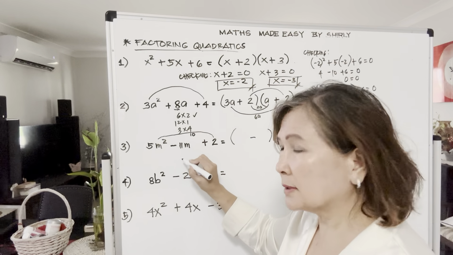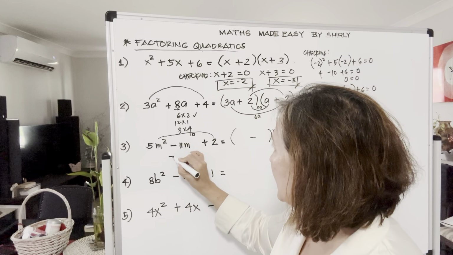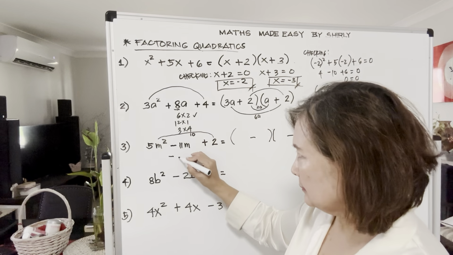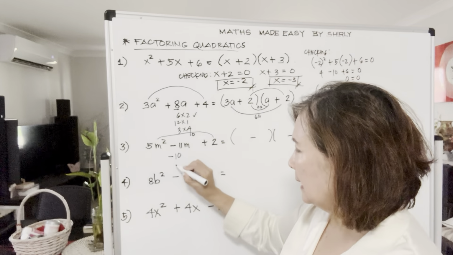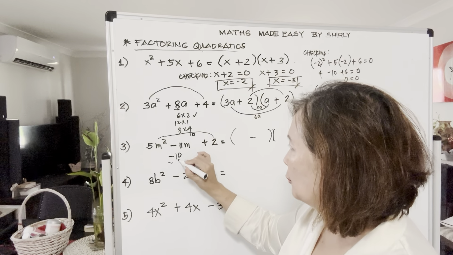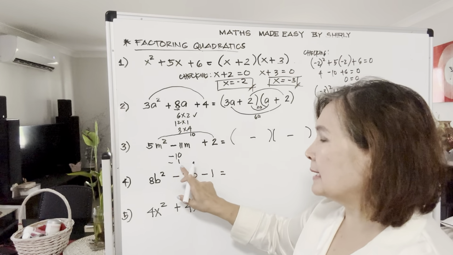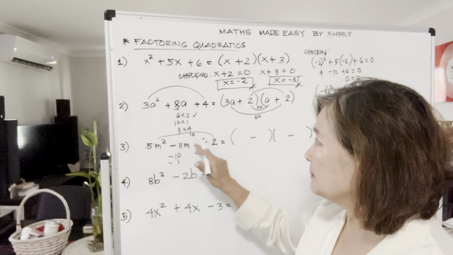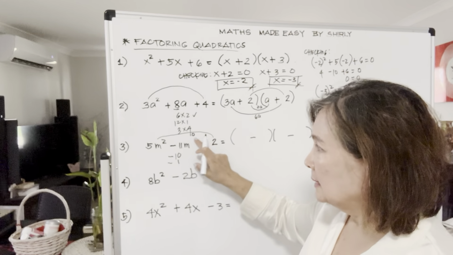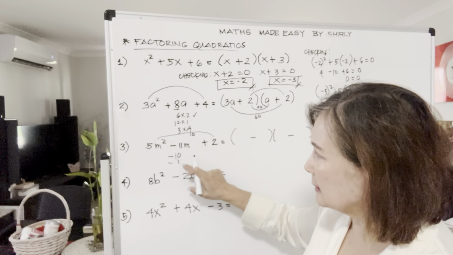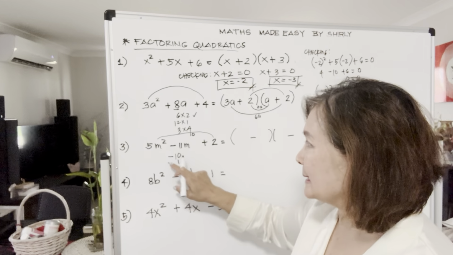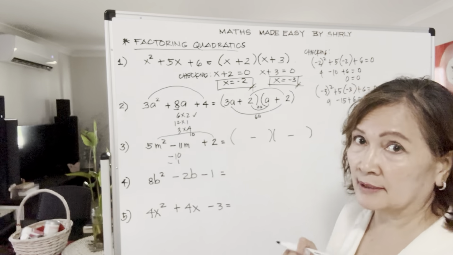And what are those? That is negative 10 and negative 1. Negative 10 times negative 1 is positive 10. But if you get the sum of these two, that is negative 11.